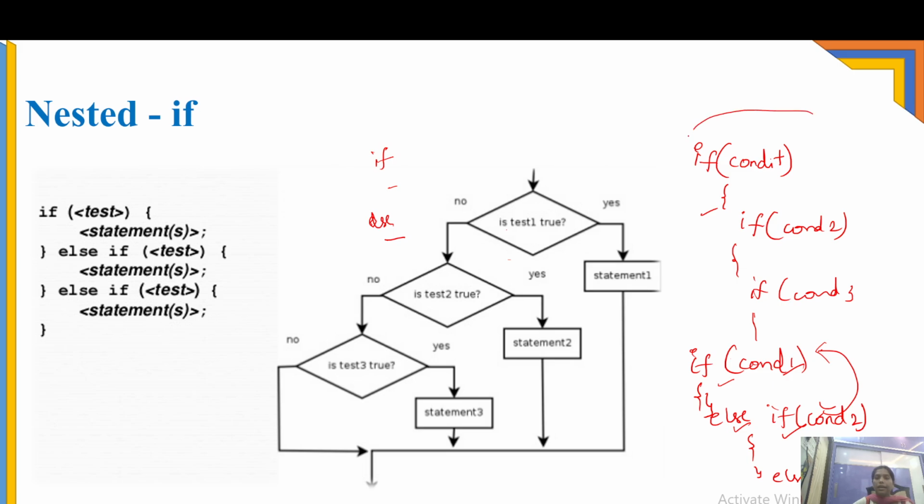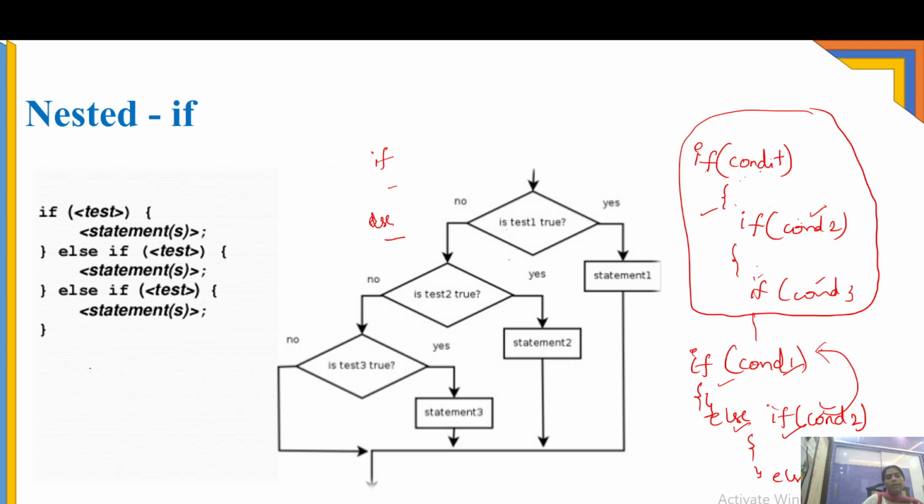So in this case, see, if condition 1 is true, then it will check the other condition. If this condition is also true, then it will check another condition. So in this way also we can write. This is nested if.